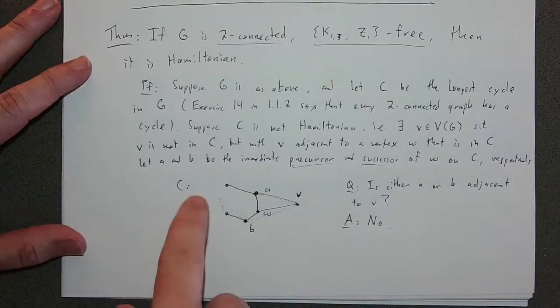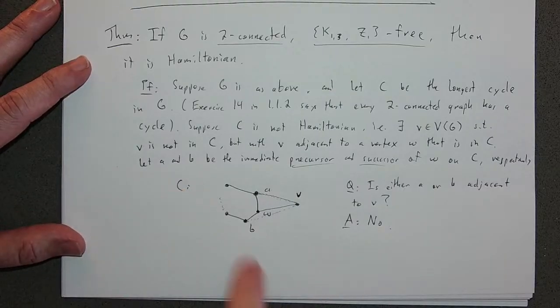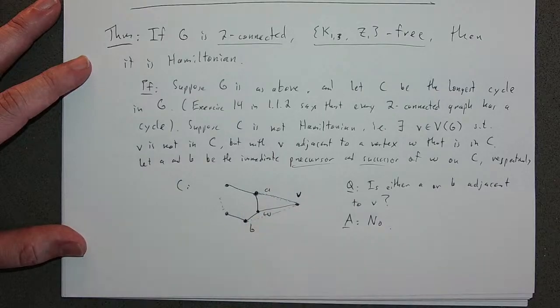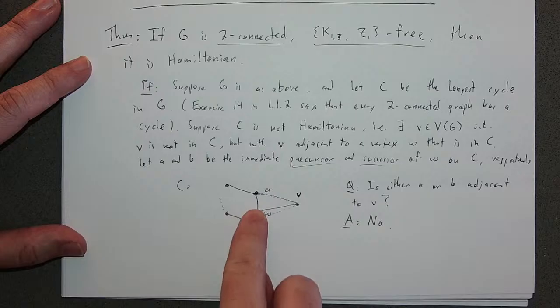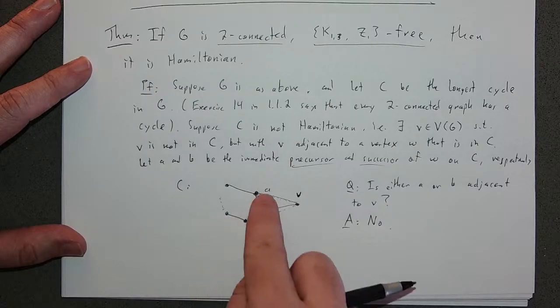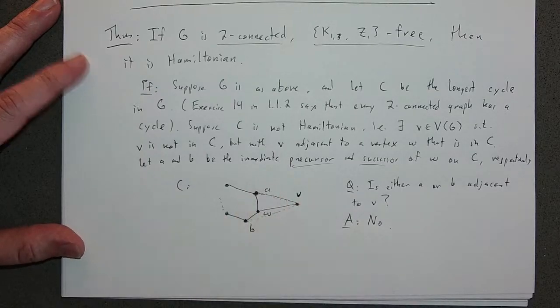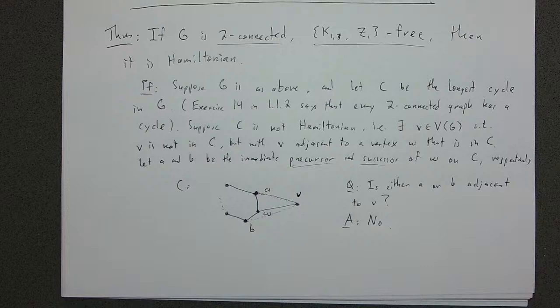We could make a C prime that is still a cycle that is longer. If I replace traversing this edge, A to W, with going from A to V and then V to W, that increases the length of C by 1.